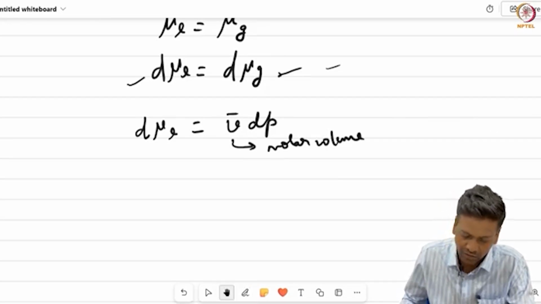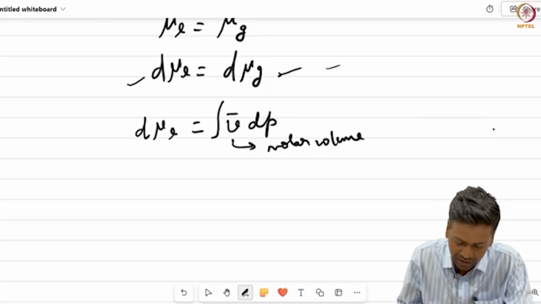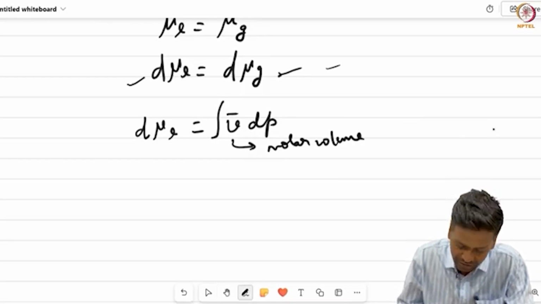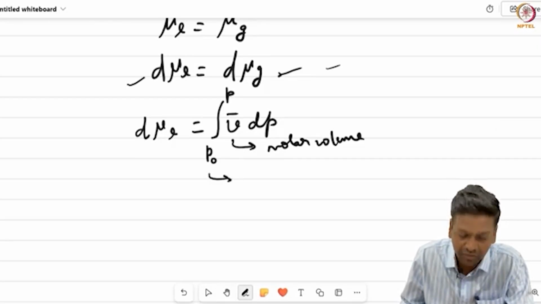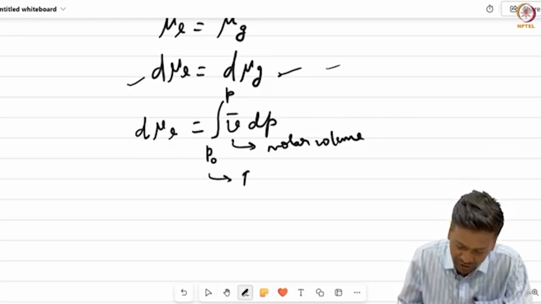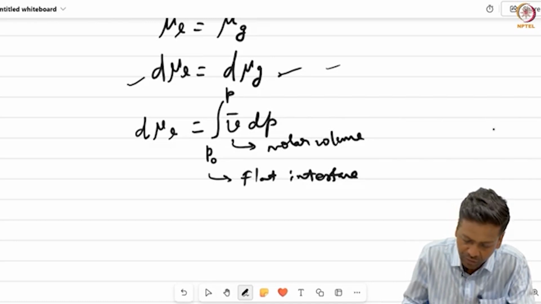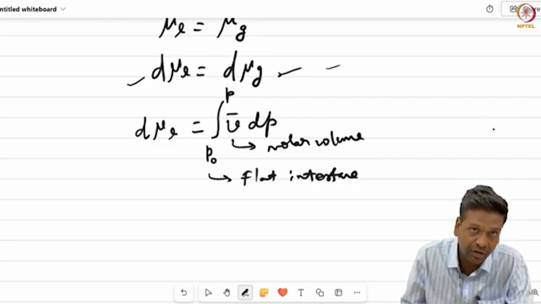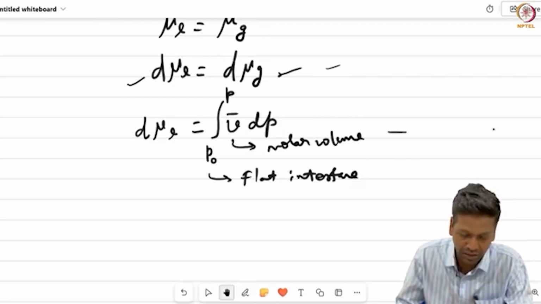This can be integrated using the limits P naught to P. Here P naught is the reference state. The reference state for us in this case will be the flat interface. So this is going from the flat interface to some pressure in the curved surface, right? So this is our equation for the liquid side.